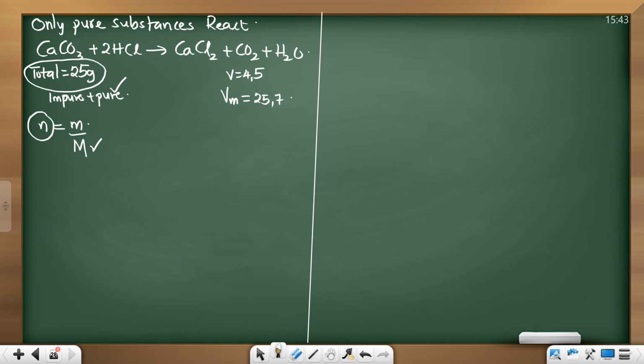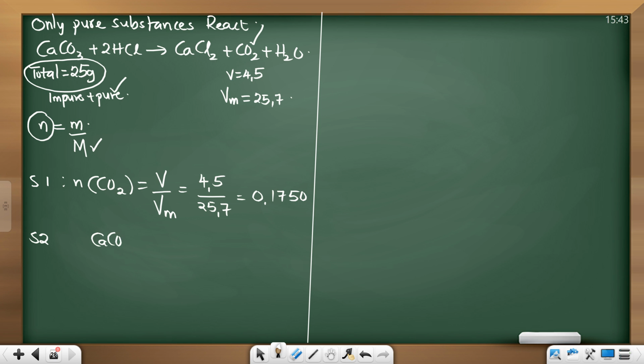So now, can I work out the number of moles produced here? That's my step 1 that I gave you yesterday. So, step 1, number of moles of CO2 produced is volume over molar volume. 4,5 over 25,7. What's your answer? I'm done. Step 2, I can now connect mole what?